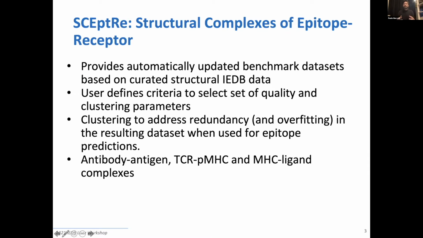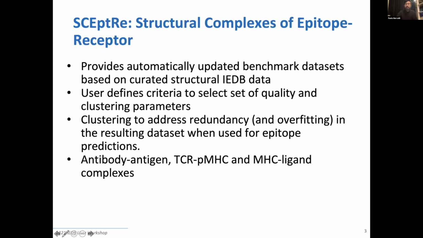But we also want to get some control over the structures that we retrieve. So we want to have a given quality of the structure. We want to be able to get structures of different antibodies and T-cell receptors, and that's why we need tools to automatically retrieve those structures.